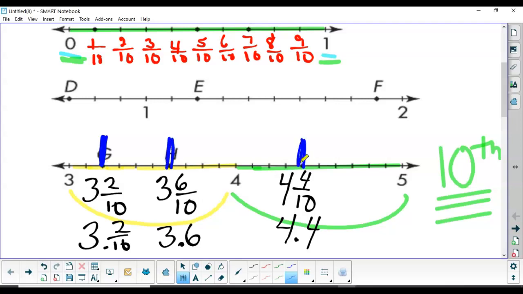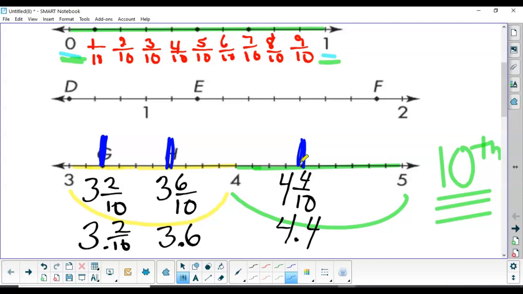If I wanted to also write the equivalent fraction for hundredths and the equivalent decimal for hundredths, do you know what you would put for 3 and 2/10? If I wanted to change 3 and 2/10 into hundredths.